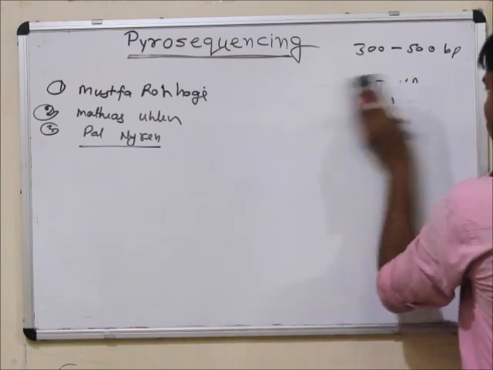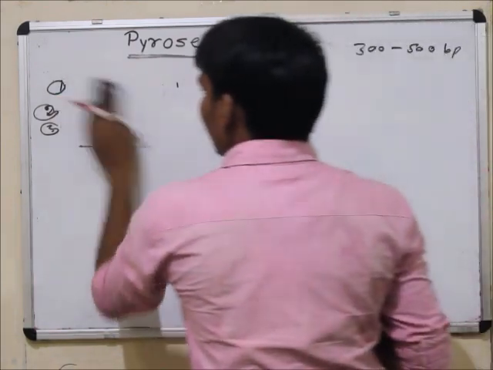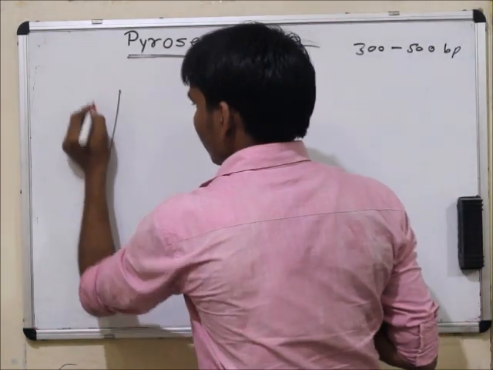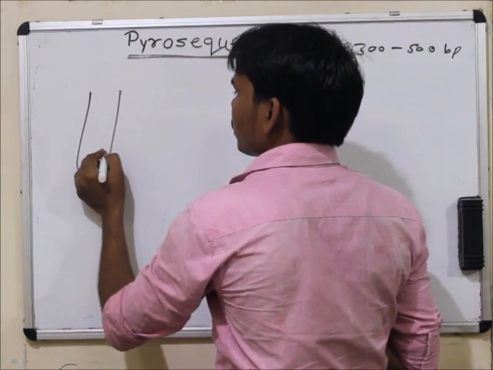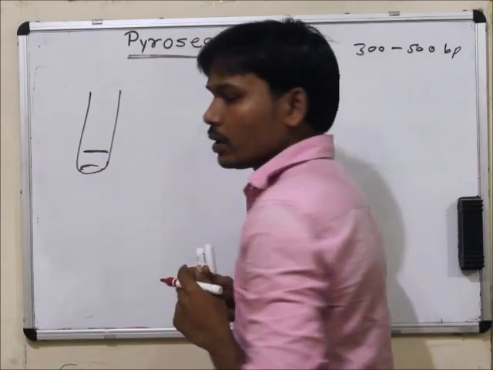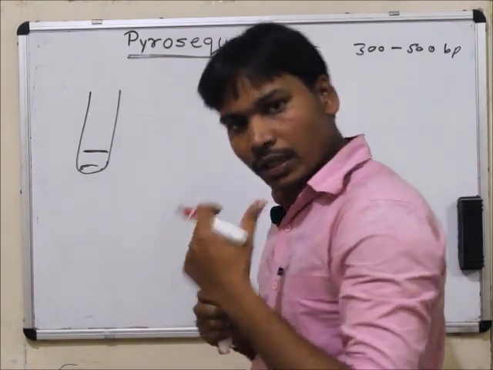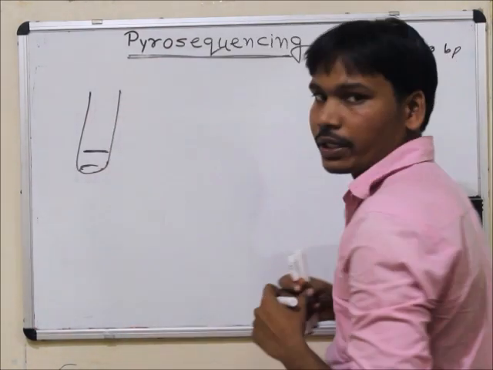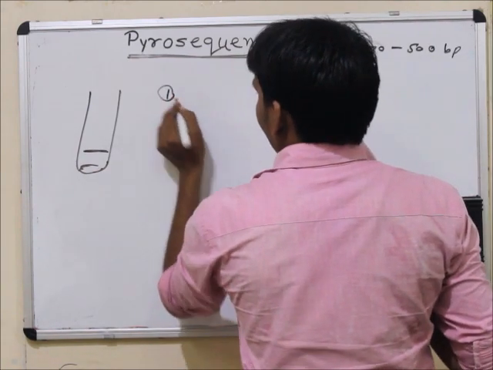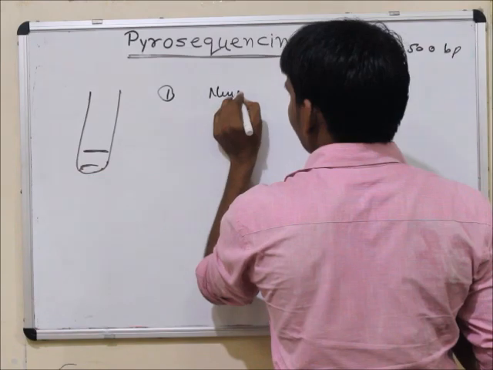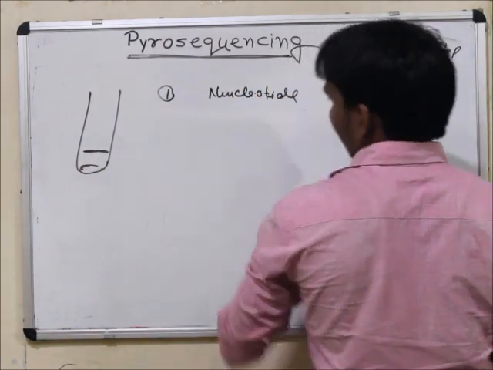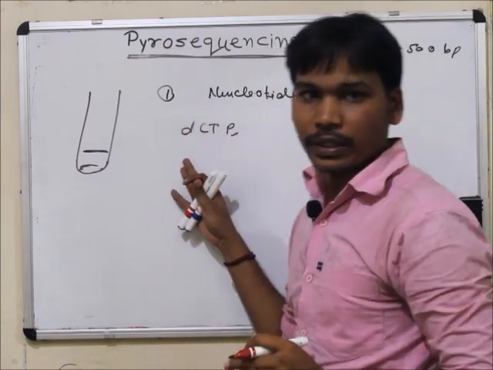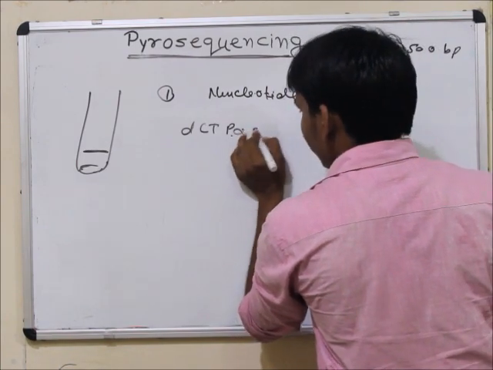So single stranded DNA is required. Suppose we take single stranded DNA in a tube. This is done by automated sequencing, but for simple understanding I will describe how it is done. The first thing is to add nucleotides. What are the nucleotides? The four nucleotides are deoxycytidine triphosphate alpha S, and why alpha S?